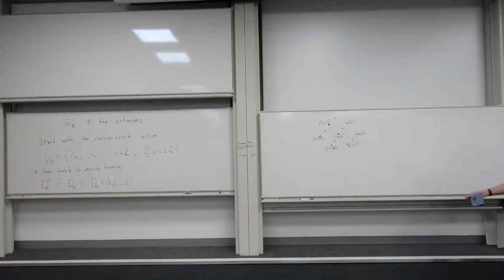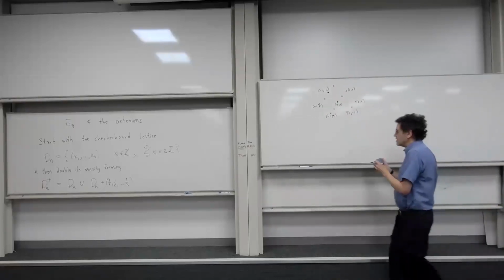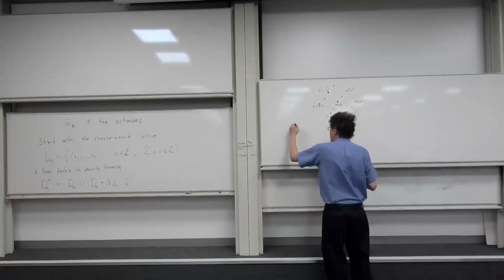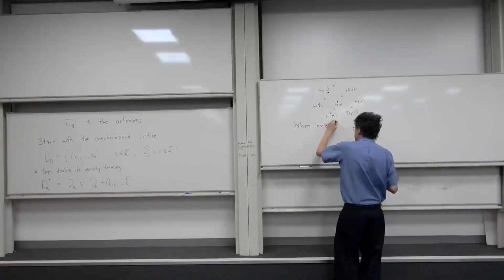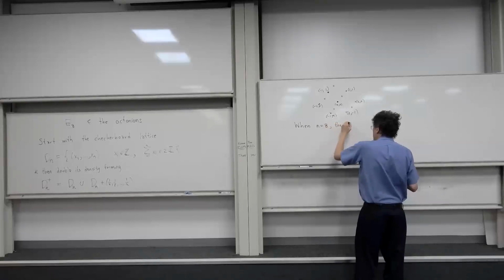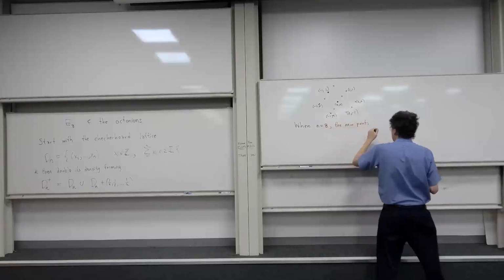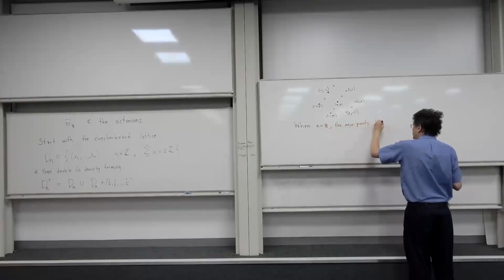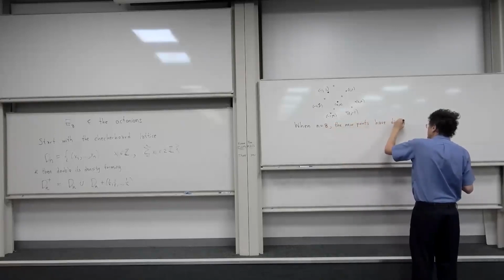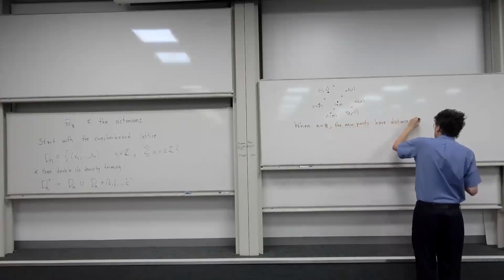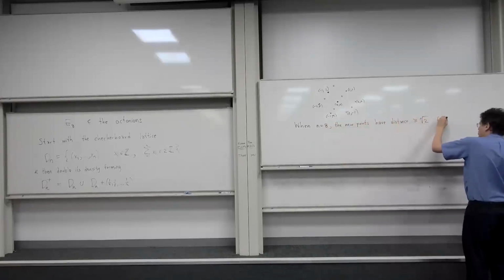But it turns out that when n is equal to 8, so when you're in 8 dimensions, the new points have distance no less than the square root of 2 from the origin.